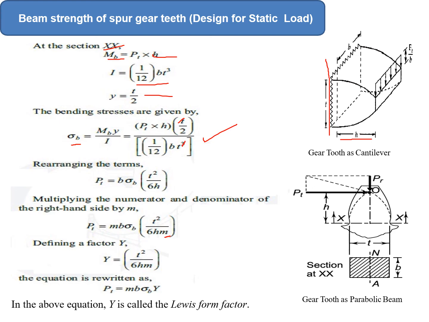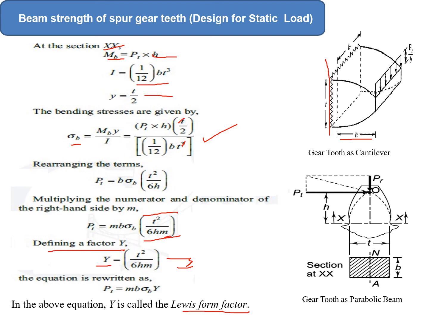Now this whole bracket term is treated as a constant term or a defining factor, y is equal to T square by 6hm, and this y is called the Lewis form factor. This Lewis form factor varies with the tooth profile.